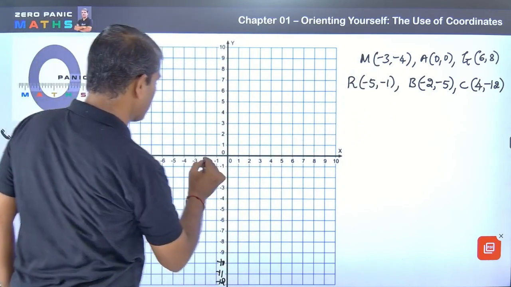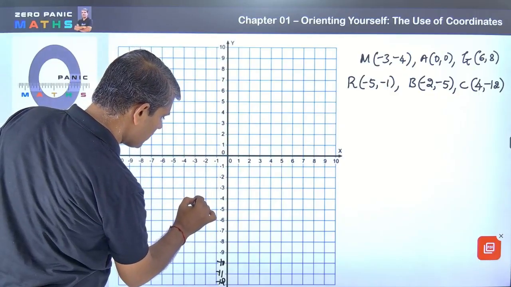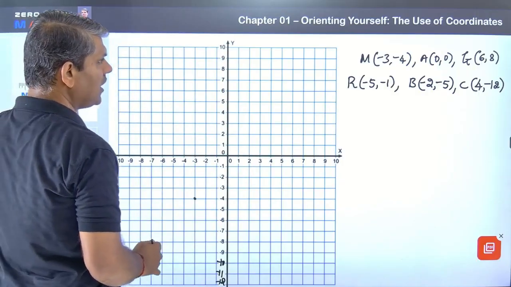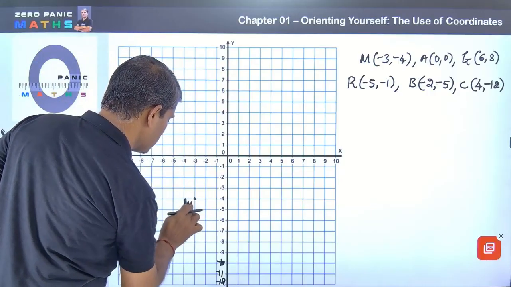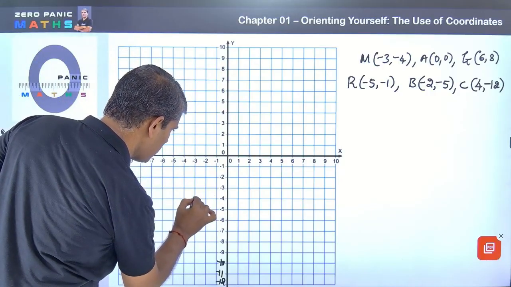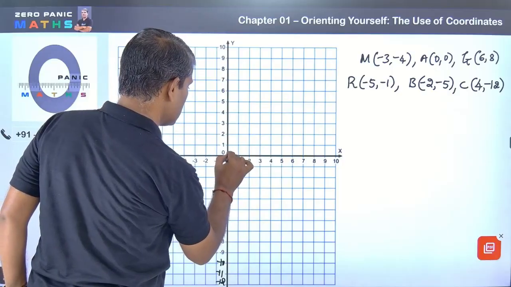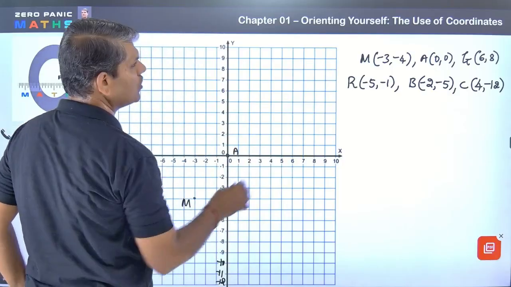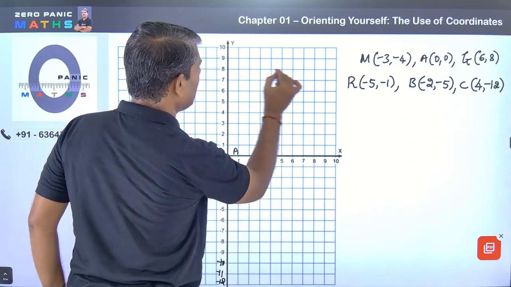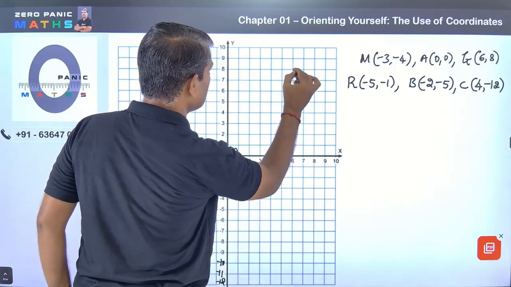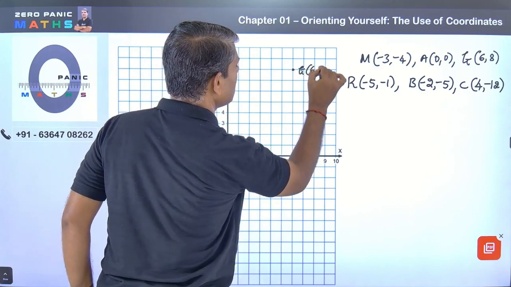Minus 3 minus 4: minus 3 towards the x-axis and minus 4 towards the y-axis. This is the point M. A is 0 0. And G is the point 6 and 8: this is 6 and this is 8.